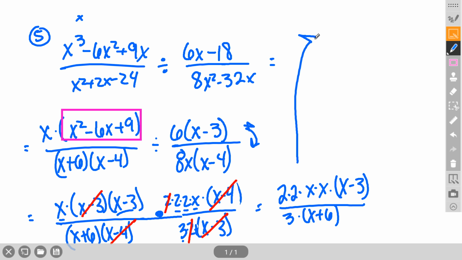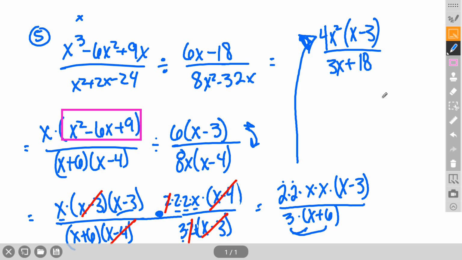All right, put this into standard form. So that's 2 times 2 is 4 times x, so that's 4x squared over x times x minus 3. And then distribute 3 times x, 3 times 6, that's 3x plus 18.